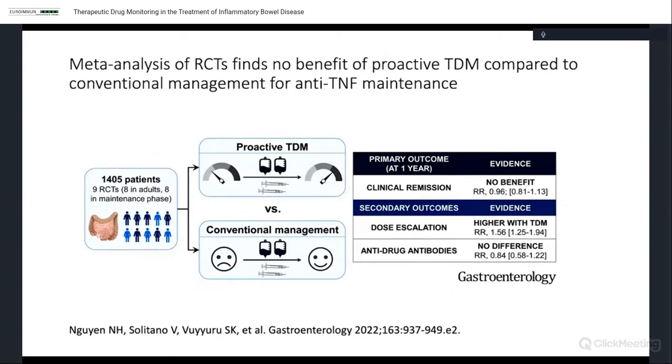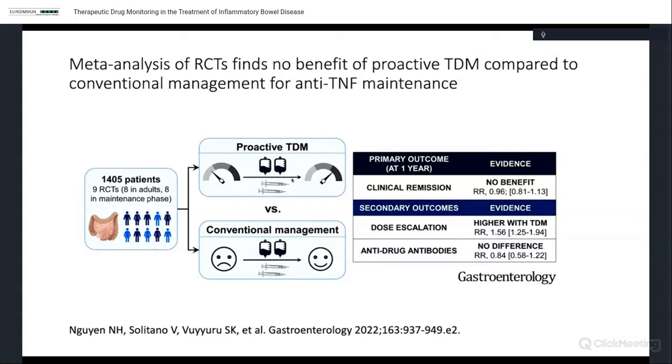So these are 3 examples of randomized controlled trials for proactive therapeutic drug monitoring. And there have been a number of other studies, and I won't be able to get into the details of all of them here. But a group performed a meta-analysis of randomized controlled trials, and they identified 9 RCTs, mostly in adults, mostly in maintenance phase, that included over 1,400 patients.